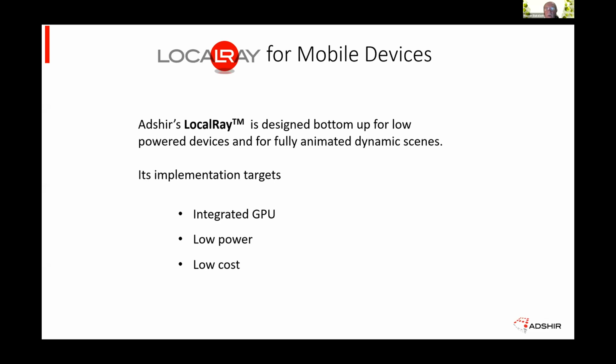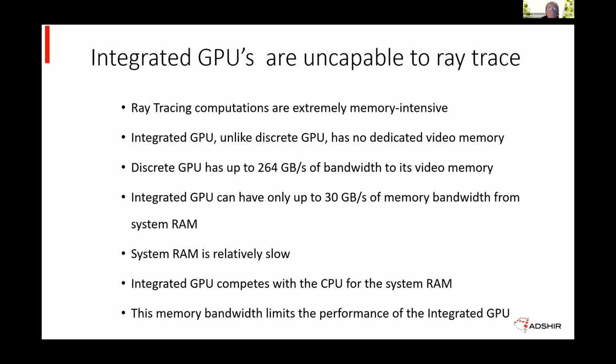So LocalRay is designed for mobile devices. The target of LocalRay is integrated GPU, which is the GPU of smartphones, low power and low cost. The integrated GPUs in smartphones are different from the discrete GPUs that are used in PCs.